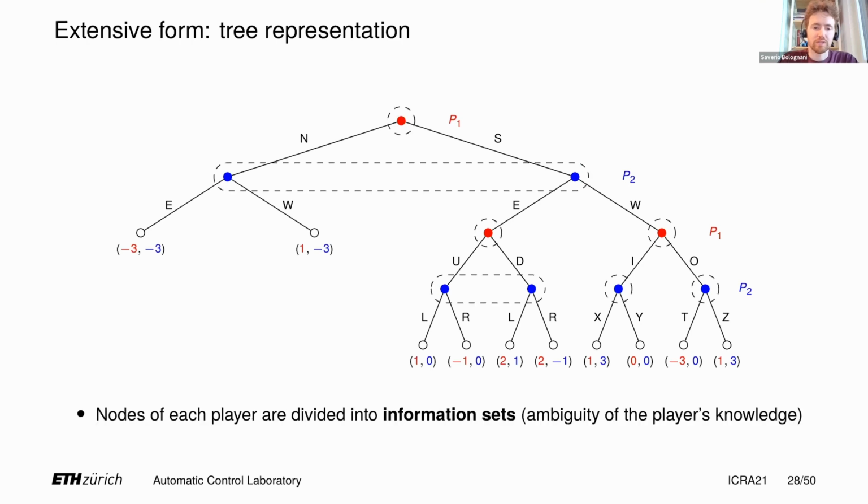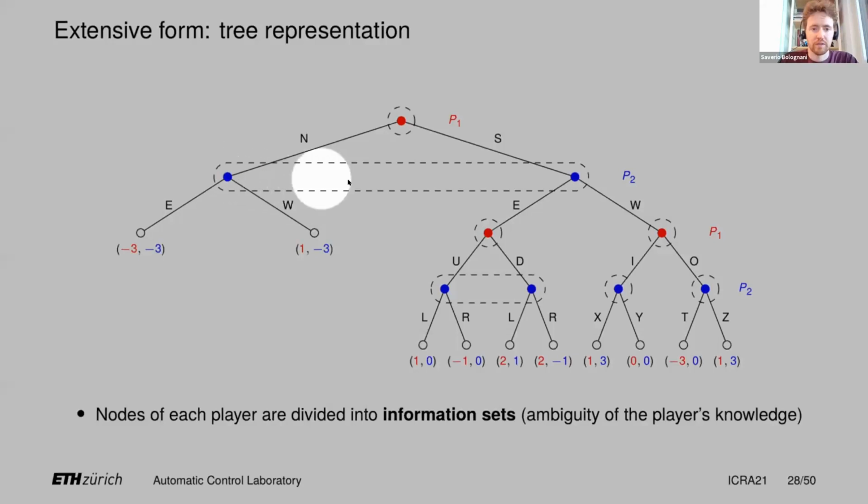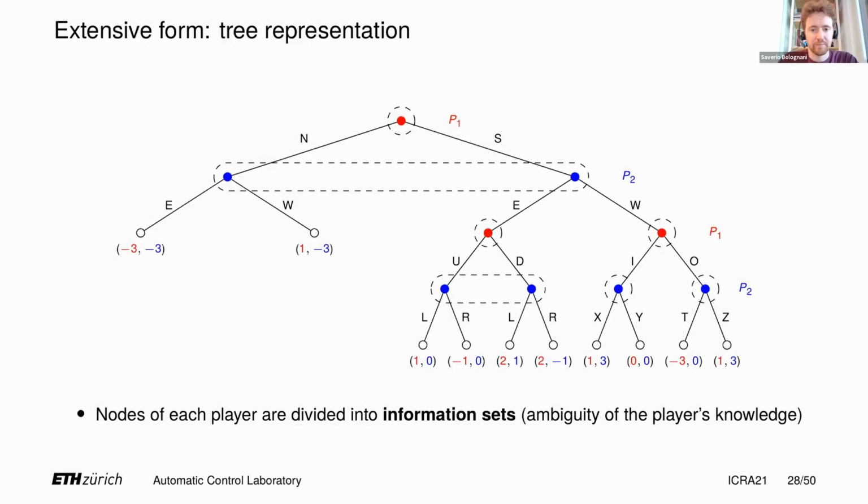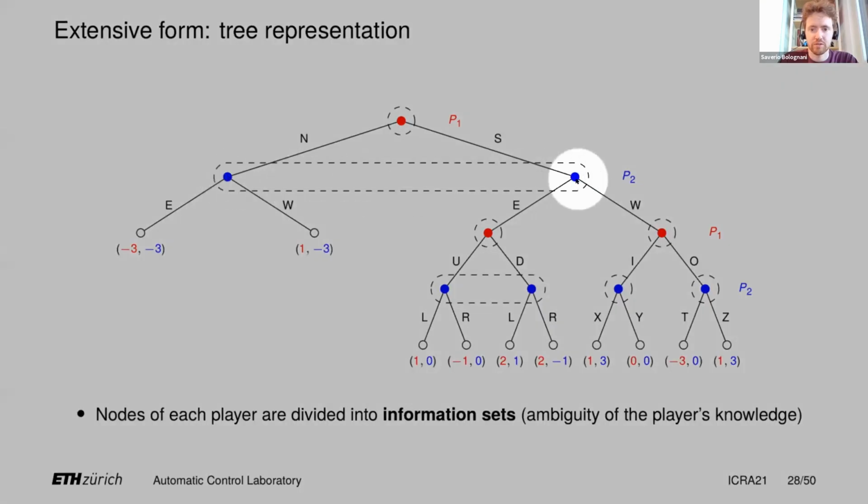Now, a tricky part, which is not so obvious, is the introduction of information sets. Information sets are sets that we draw on top of the tree, which contain nodes of the same player, and they represent the ambiguity in the player's knowledge. So for example, player 2 here doesn't know if he's in this node or if he's in this node.